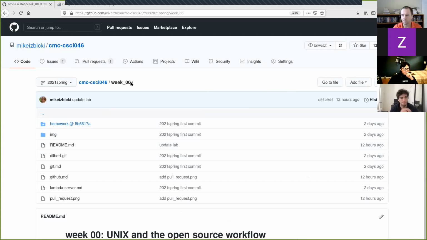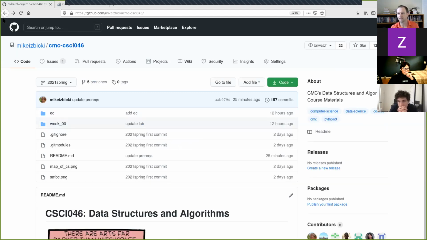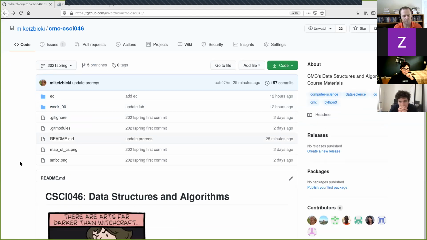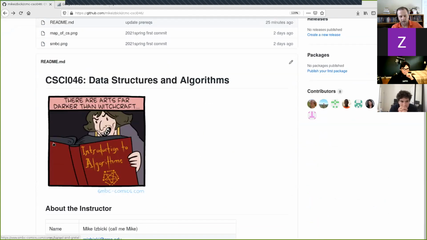And since this is a computer science course and computer scientists start counting at 0, your other professors might think this is week 1 of the semester, but this is in fact week 0 of our semester. So that's why it's week 0 up here. And then this main page has all of our syllabus on it. And at the top of all of these pages, I'm going to have some sort of fun link or comic.